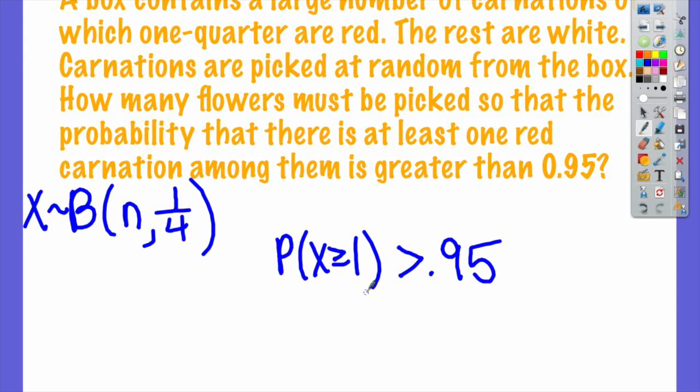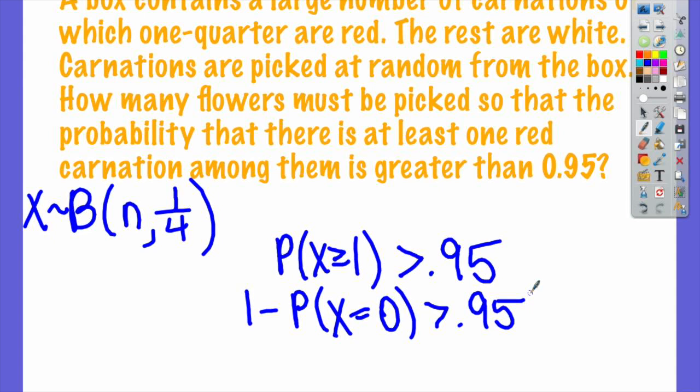3/4. Oh, never mind. 1 minus the probability that x equals 0. Isn't this the same thing? 1 minus the probability that there are no reds is the same as the probability that there's at least one. Okay, so now let's set this up.